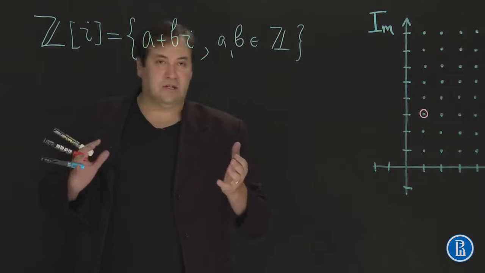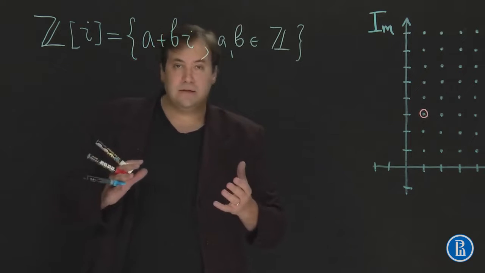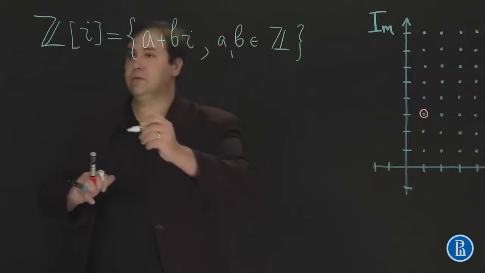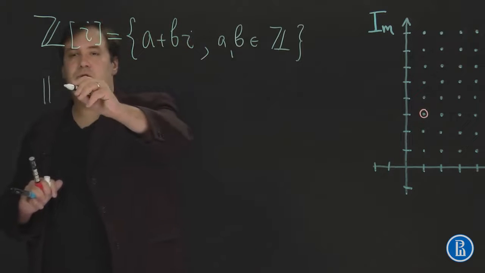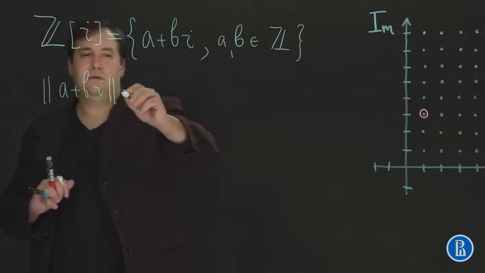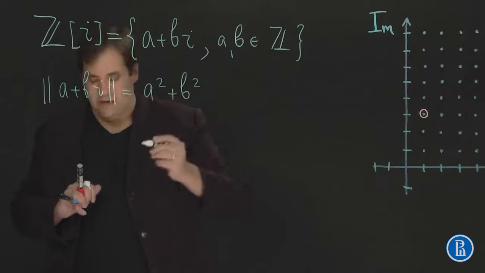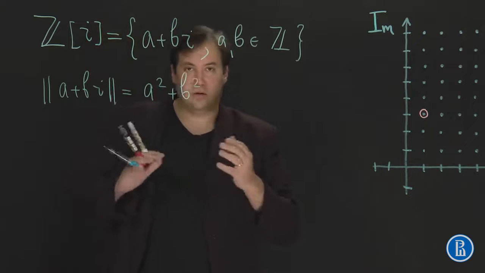We know that it is an integral domain, and in order to make it Euclidean, we need a norm. So we use a squared plus b squared as a Euclidean norm.